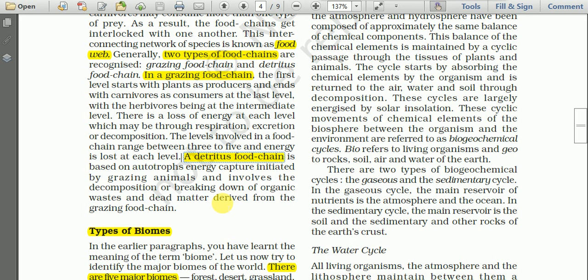So a detritus food chain is based on autotroph energy capture initiated by grazing animals, and involves the decomposition or breaking down of organic wastes and the dead matter derived from the grazing food chain. Autotroph means an organism that can produce its own food using light, water, carbon dioxide, or other chemicals.